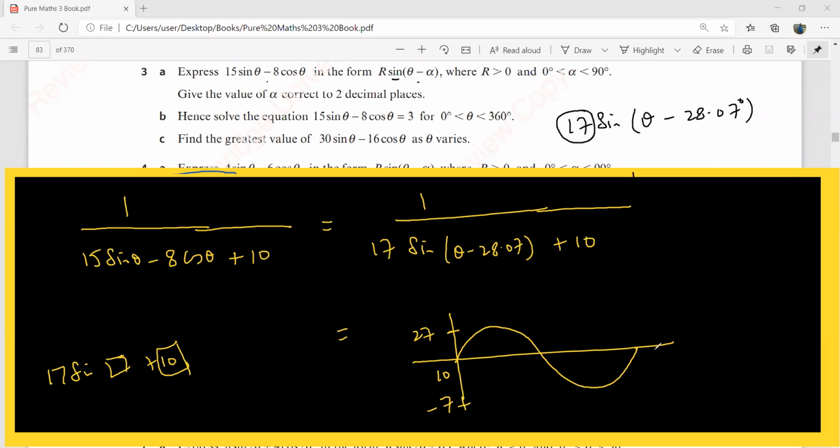Just ignore the angle part because there's no limit on these angles over here. So right now the maximum value is 27, and this is the minimum value, which is minus 7. Since it is the reciprocal over here, its extreme values are going to be 1 over 27 and then minus 1 over 7.